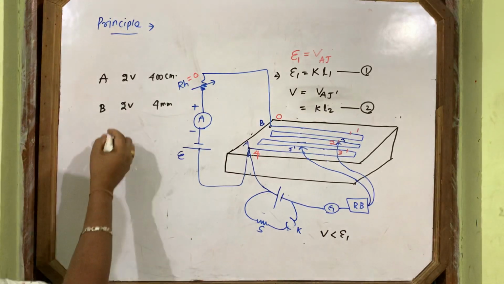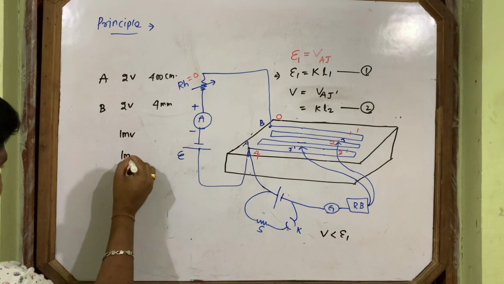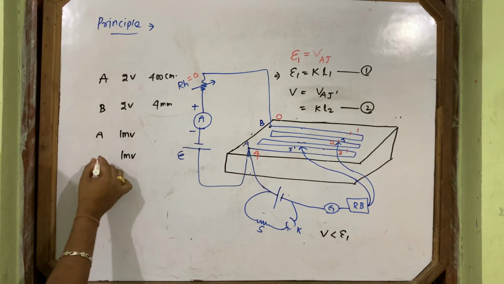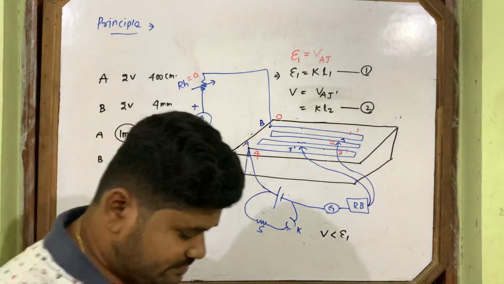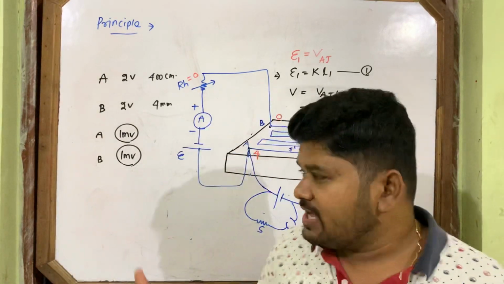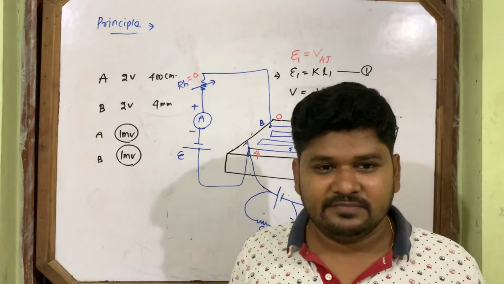Suppose I connect a 1 millivolt cell to A as well as to B. Which potentiometer may measure the EMF? In which potentiometer may the balancing length come? You tell me the answer.